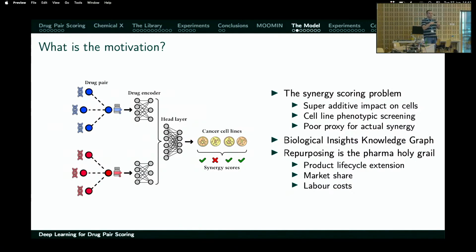But it has a higher efficacy, lower toxic effects, and because of that, by finding a good combination for a drug, it's kind of a holy grail. You can keep your market share, and there's a lot of business meaning behind why you want to do this. Cool.